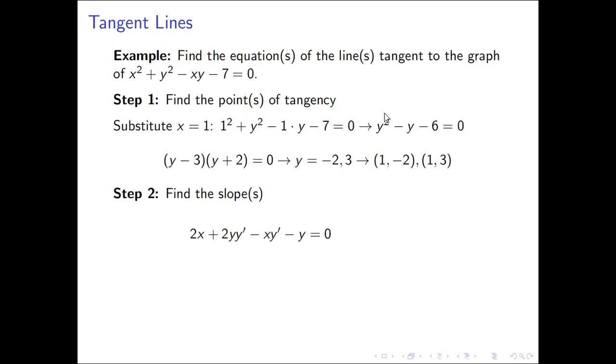Let me just explain how this was arrived at. So we differentiate term by term. Differentiating x squared with respect to x, that's 2x. Differentiating y squared with respect to x, chain rule, 2y. Don't forget the y prime. And then here I applied the product rule. I thought of the first term as negative x and y as the second term.